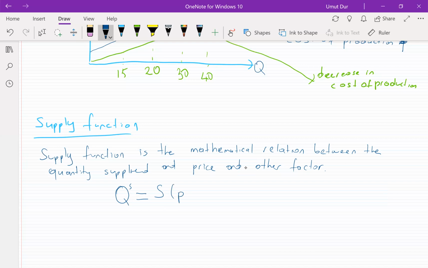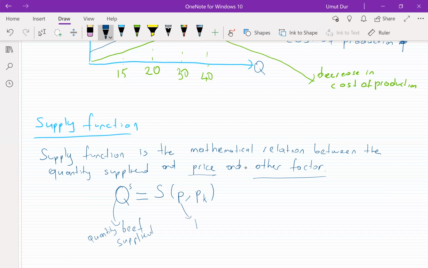And as we explained here, it is the relation with the price of the own good and the other factors. For example, let's say the price of the inputs, PK. So this will be, let's say, the quantity of beef supplied.